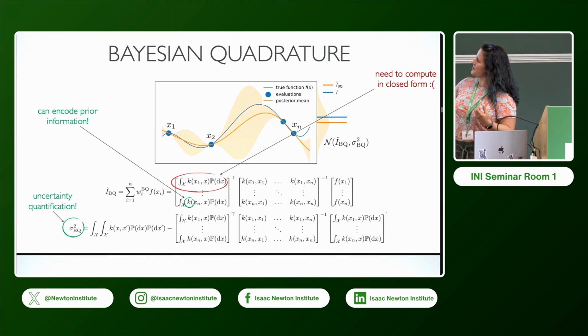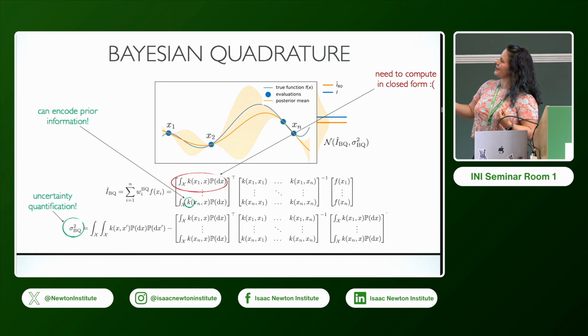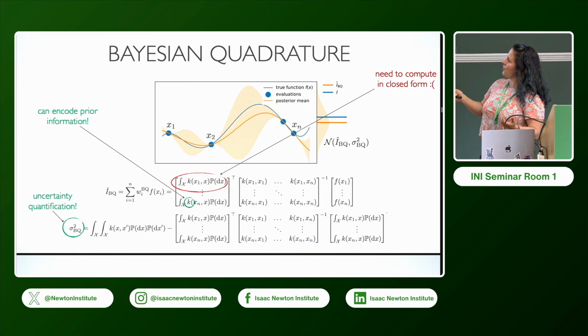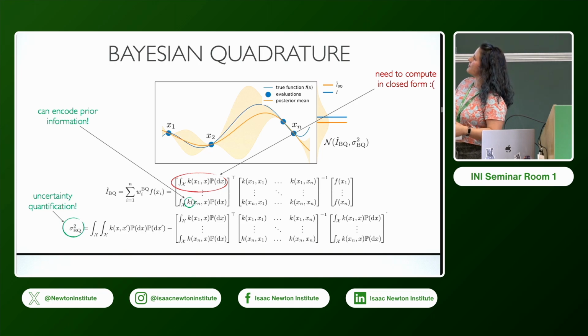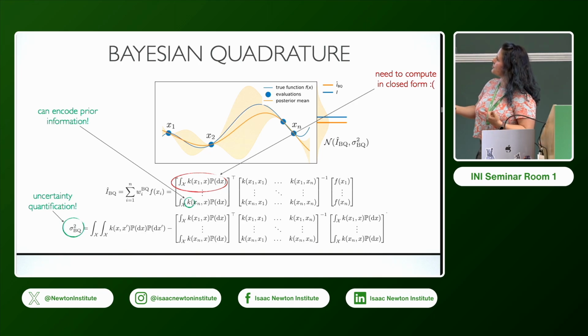Now, to the negatives, I kind of reduced the problem to another integral. And if this isn't available in closed form, then I haven't really done anything, because I still need to compute integrals. So I need to be able to evaluate the integral of the kernel against my measure of interest in closed form, which can be restrictive, but this is known for a bunch of classes of kernels, the Matérns, the RBF, the commonly used ones, and for uniform, Gaussian, mixture of Gaussians type distributions.